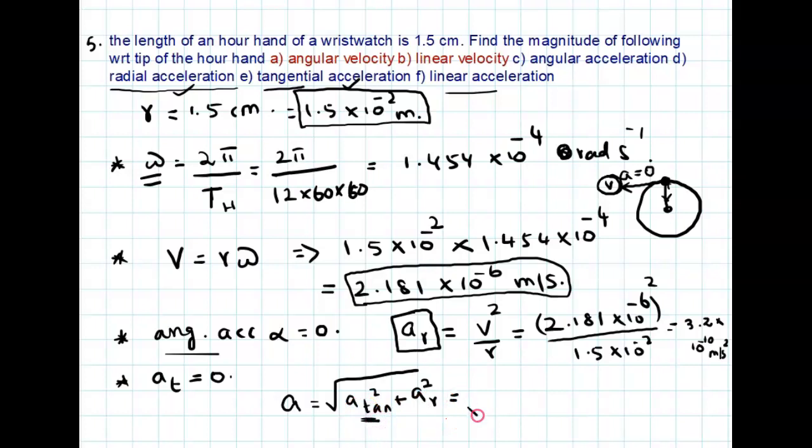This tangential acceleration is 0, plus radial acceleration squared, which is here 3.2 times 10 to the power minus 10, whole squared. So our answer is 3.2 times 10 to the power minus 10 meter per second square. Thus we have found the answers of all.